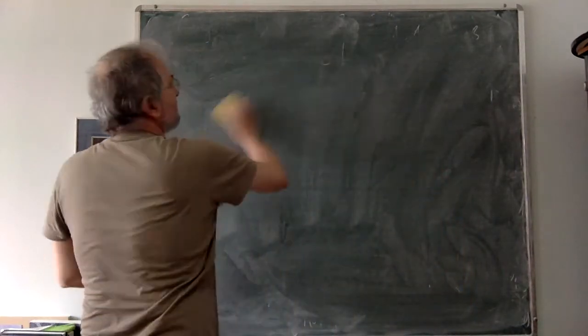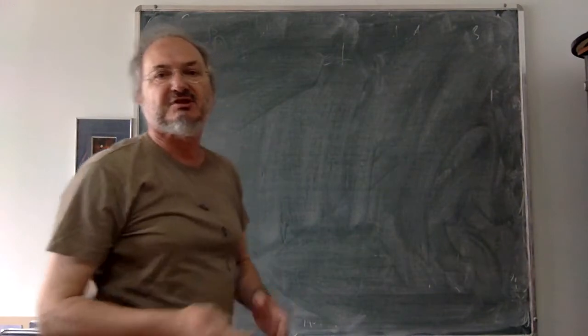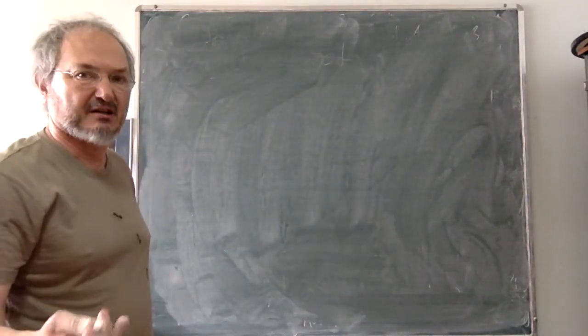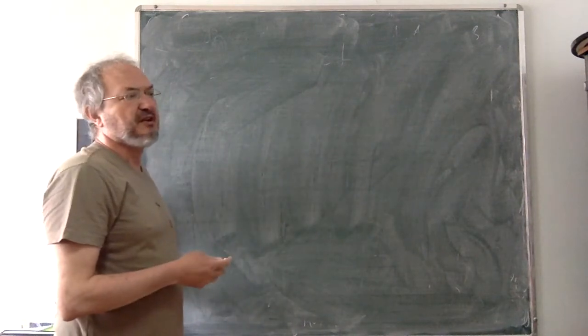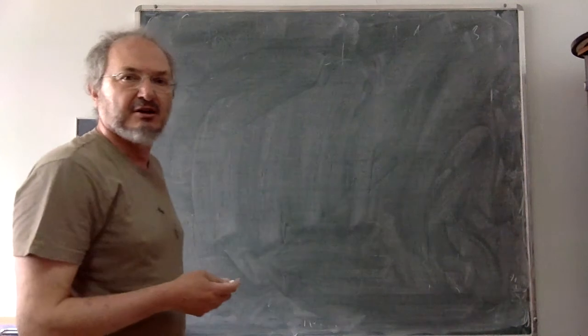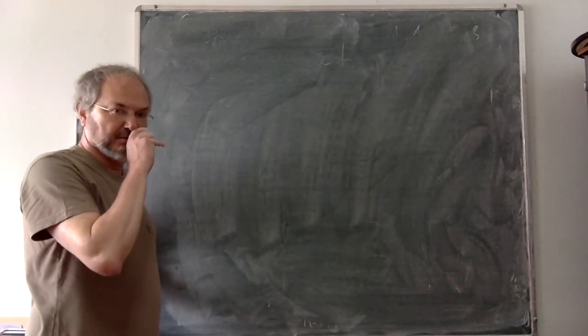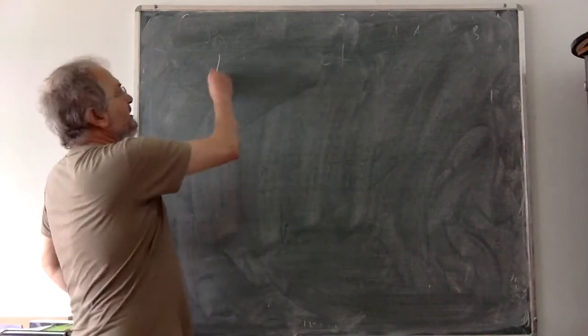A set is countably infinite if it is equinumerous with N. Okay, I think that was the previous definition. Which means if I give you a set, and there's a claim that it is countably infinite, you must find a mapping from that set to N. Okay, so take this one.